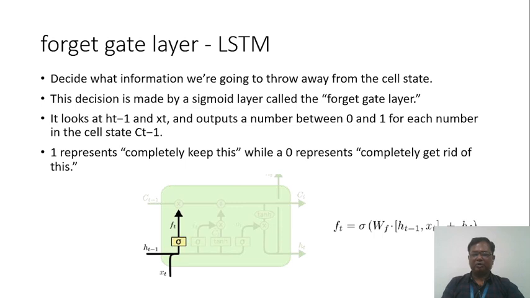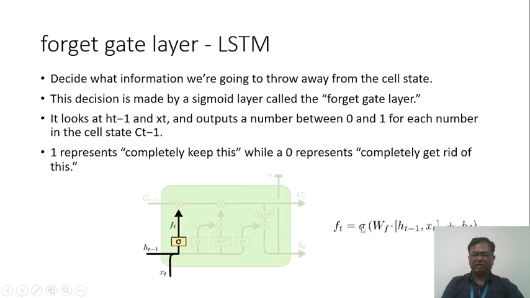The second part is the gates, we'll see the forget gate layer. As we have seen, we have three parts. First one is the forget gate layer. So on top, this is like a conveyor belt, memory is retaining, and here from the previous state you are getting h t minus 1 and this is your input. So it is applied with sigma.